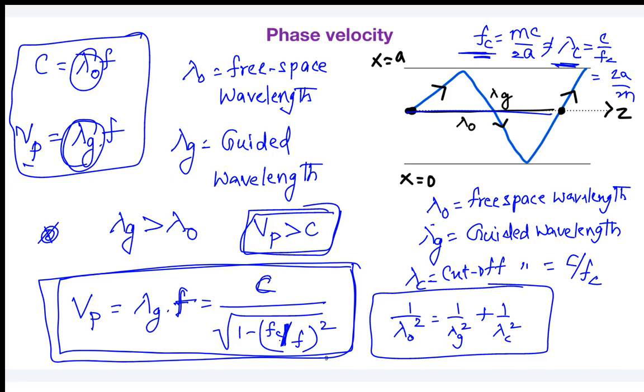After some rearrangement, you are going to get this particular equation. You can take it as an assignment: you know the differences between these three wavelengths, so take this equation and prove that it is satisfied. Once you are done, you can enter your answers in the WhatsApp group. Any questions here right now?